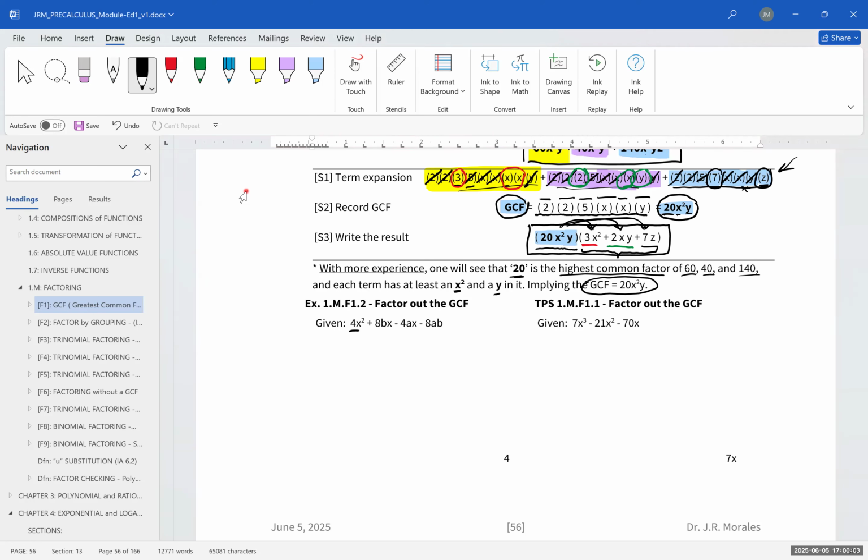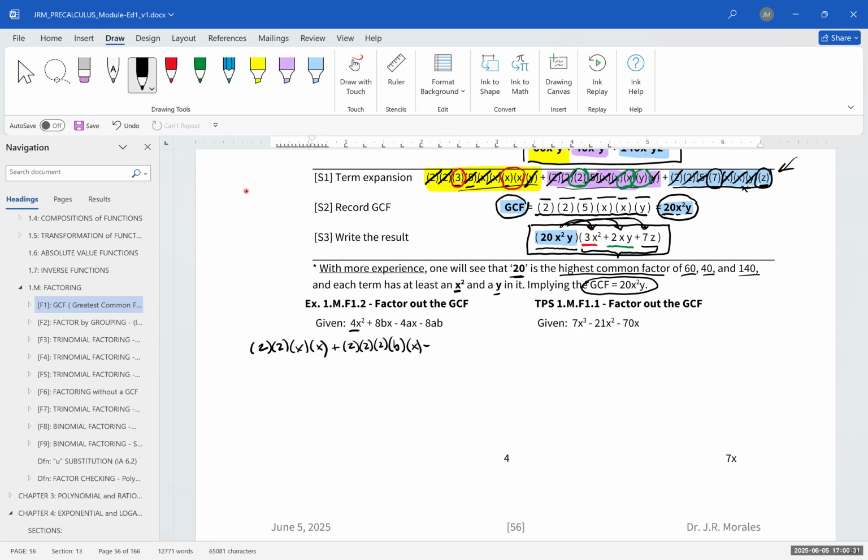So we're going to write 4x squared as 2 times 2, and then x times x. Then with 8b x, we can write that as 2 times 2 times 2 times b times x.